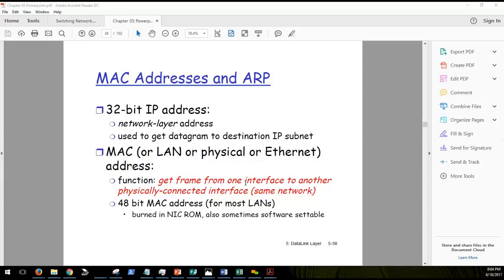Sam, do you have your laptop? Yes, laptop. I want you to look at the left-hand side of your laptop. You have an Ethernet port over there? Yes. An Ethernet port and a NIC are one and the same.